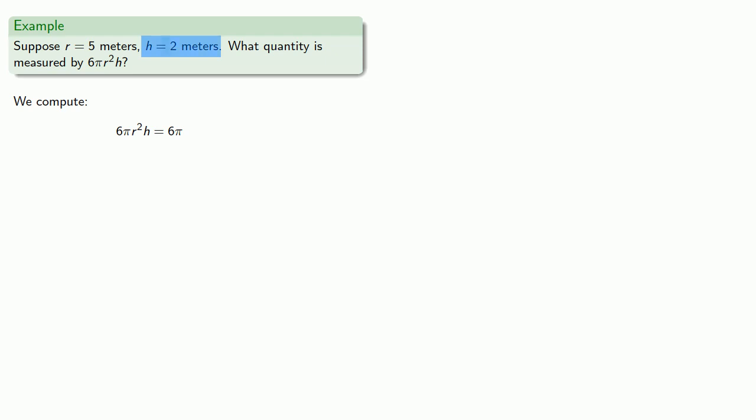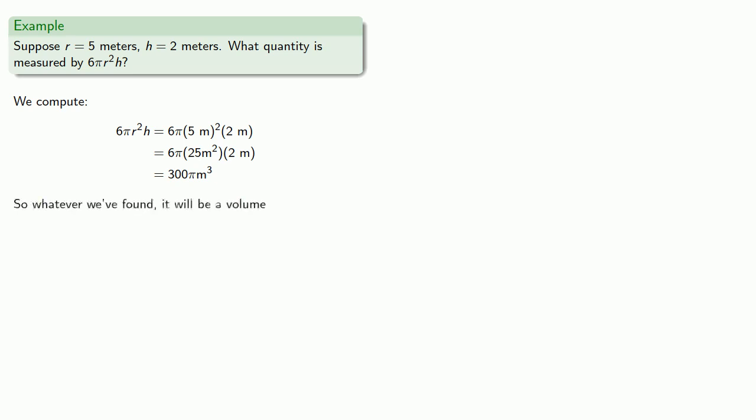So let's substitute those values into our formula. And we can multiply. And we have the numerical part of our answer, 300 pi, but we also have the units, m cubed, cubic meters. And because the thing that cubic meters measures is a volume, whatever we found, it will be a volume.